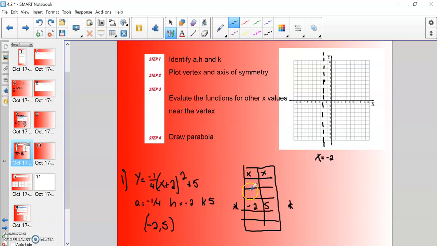Then just choose x values that go in the same order from negative 2. So if we start here, it would be 0, negative 1, negative 2, negative 3, negative 4. Always put the vertex in the middle and go from there. Now you could plug these missing 4 x values into this equation. That's going to take a little bit and be a tedious process. What I would do is utilize your graphing calculator.